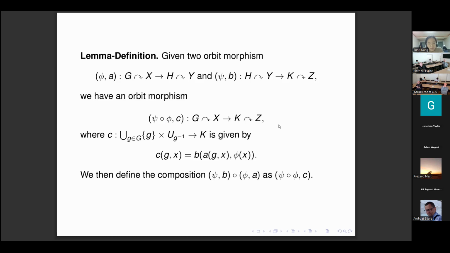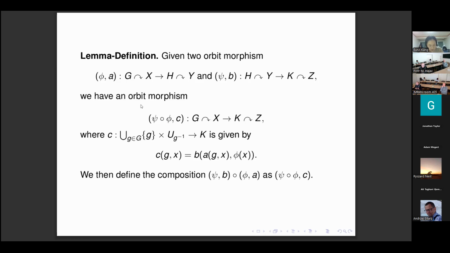And then actually now we can form a category. So first let me introduce this lemma definition. When we have two orbimorphisms, say one from G acting on X to the group H acting on Y, and another from H acting on Y to K acting on Z, we can combine them into a new orbimorphism.